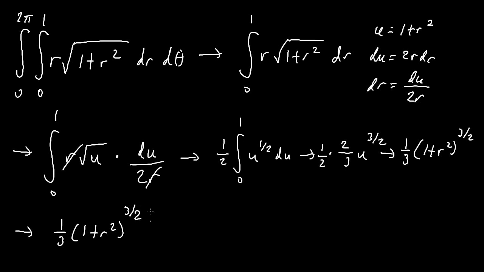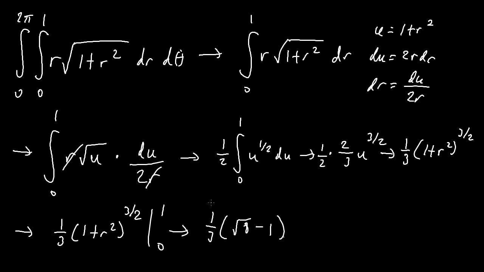Let's now evaluate that from the r bounds of 0 to 1. If I plug in 1 for r, we'll get 1/3 times 1 plus 1 squared is 2, so 2 to the 3/2 will be the square root of 8, minus, when I plug in 0, we'll just get 1 plus 0, which is 1, and 1 to the 3/2 is 1.